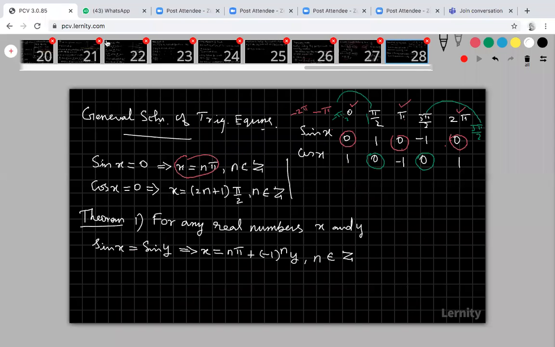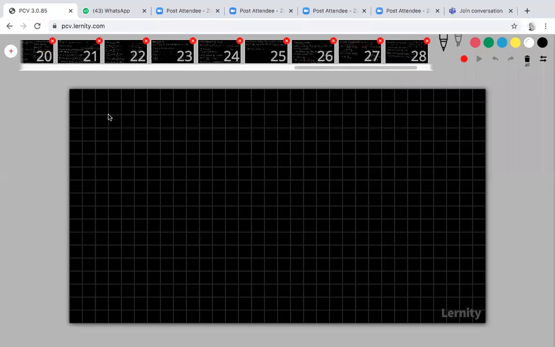Dear students, your question is finding tan of 2 times tan 90. What is tan 90? Infinity. 2 into infinity is again infinity. Tan of infinity is again infinity.